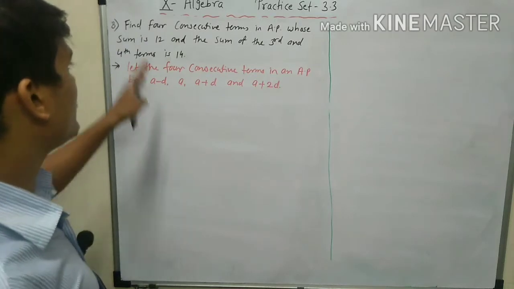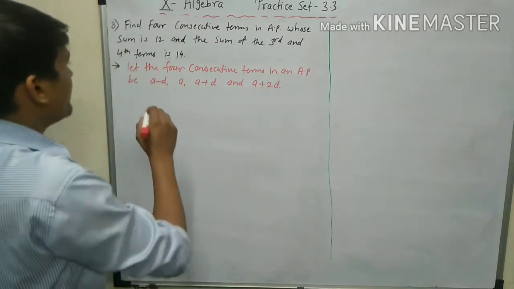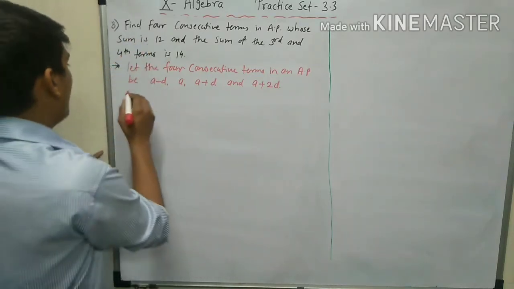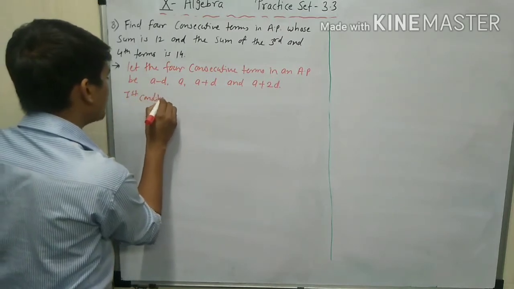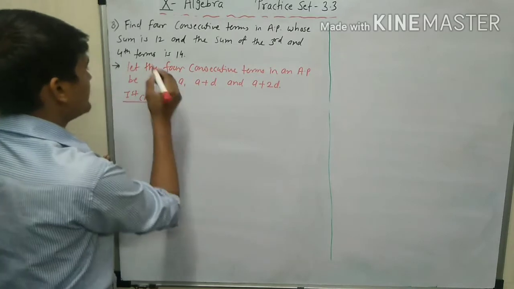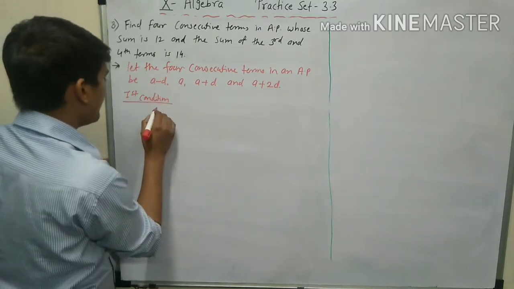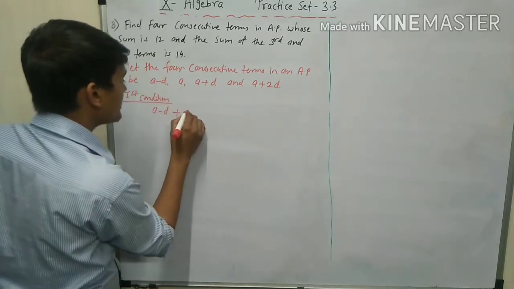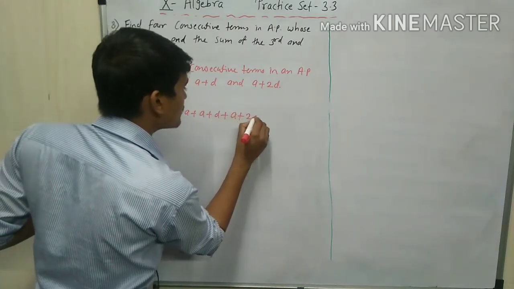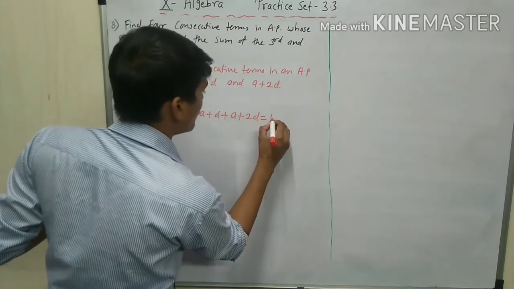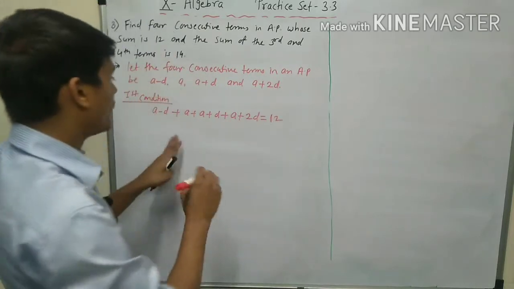Understood? Now the first condition is what? The sum is 12. The first condition is a minus d plus a plus d plus a plus 2d is equal to 12. This is your first condition.